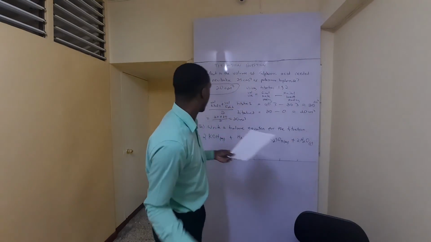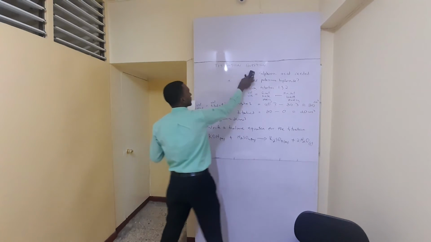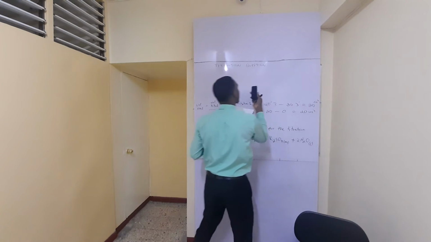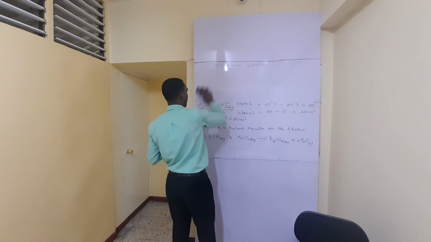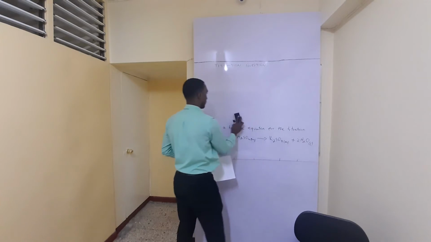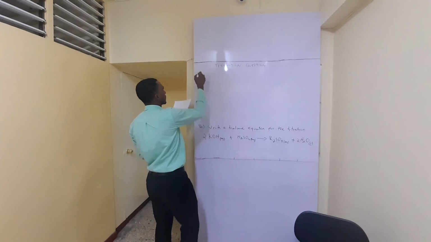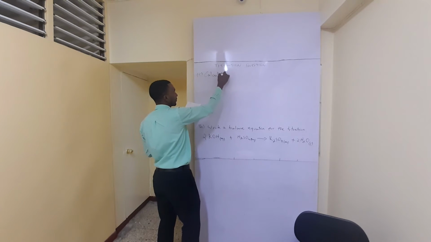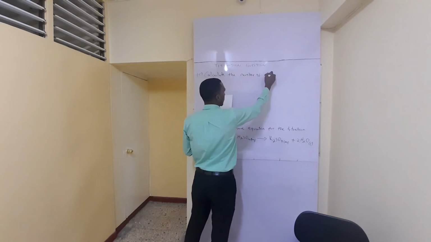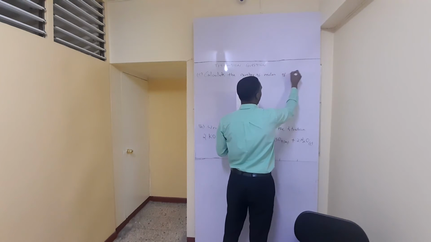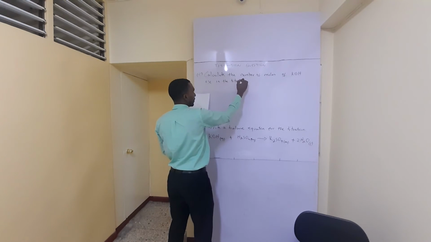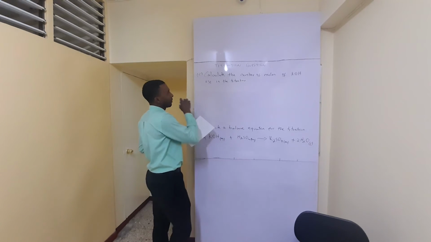Moles of potassium hydroxide used in the titration. That's part C. Alright, so you have to calculate moles.